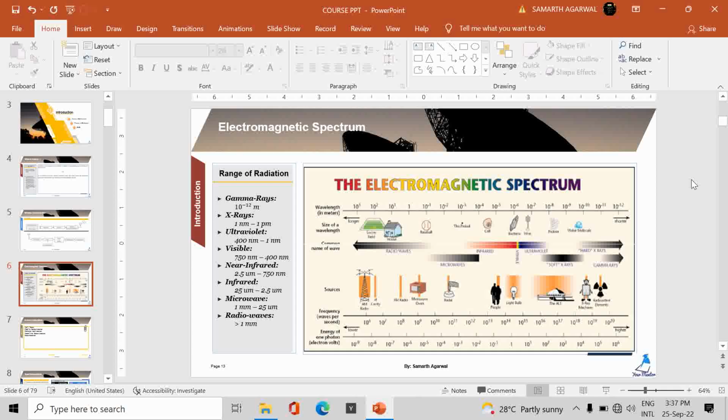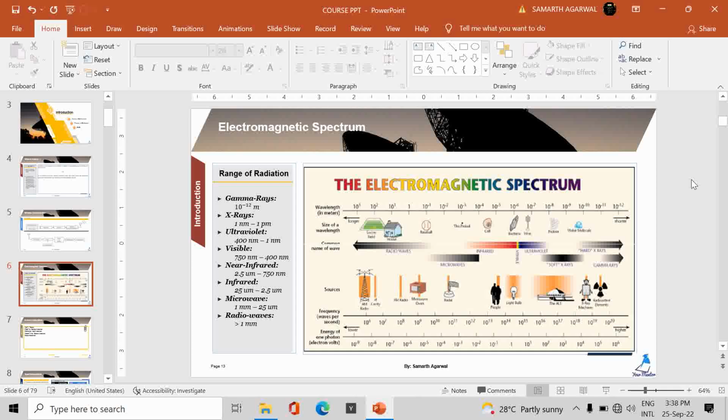Now for these frequencies, what are the sources, means what are the devices which emit such a frequency range? That is also included, which is the sources: AM radio. AM radio will transmit longer wavelengths, a frequency having a longer wavelength.